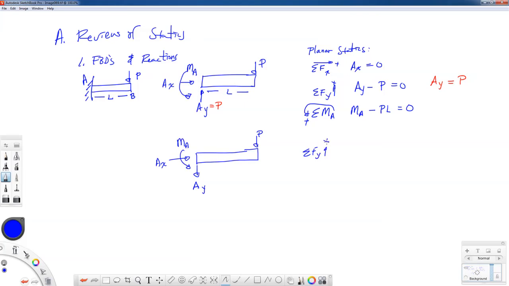I'll say upward is positive, and in this instance you'll notice that I have AY pointing downward, so my equilibrium equation will say minus AY minus P is equal to 0, or if I solve for AY, AY will be equal to minus P. Well, what does that mean then? It means that this force AY really points upward and has the value of P.